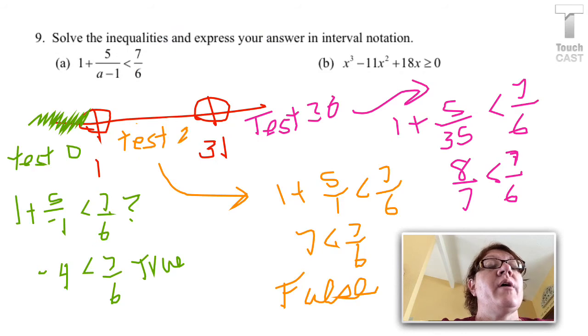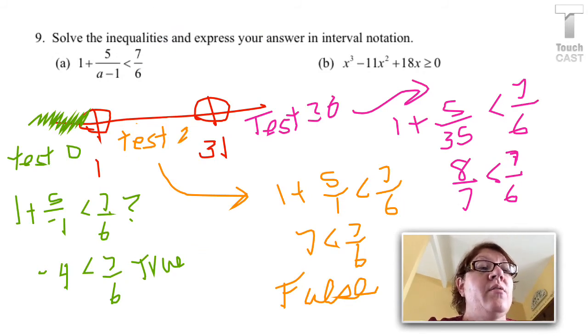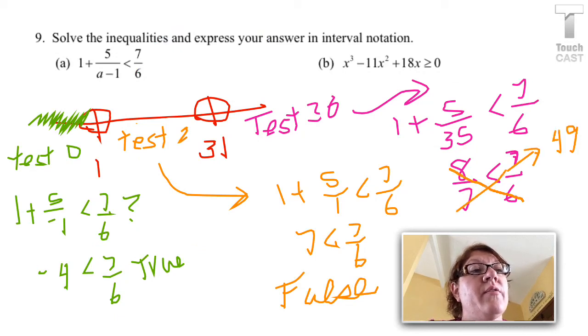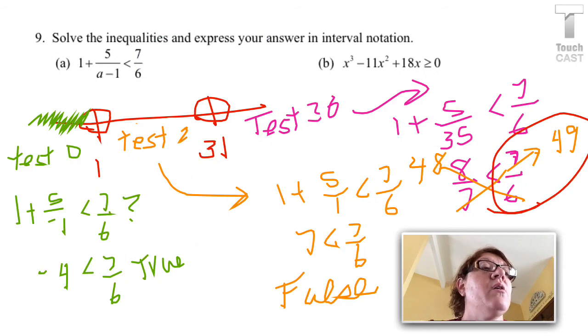Notice I chose a number that would make my fraction reduce easily, so I chose 36 because I knew I'd have 35 on bottom. And now it's the trick of how do I tell if 8 sevenths is less than 7/6 or not. So here's the little trick that I use is I just multiply across, and this one's 49, and if I multiply across this way it's 48, and 49 is bigger, so this side is definitely bigger, so this is true, and I would shade on this side.